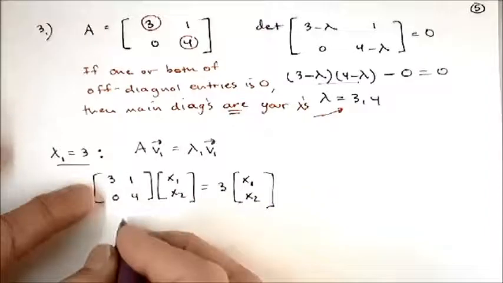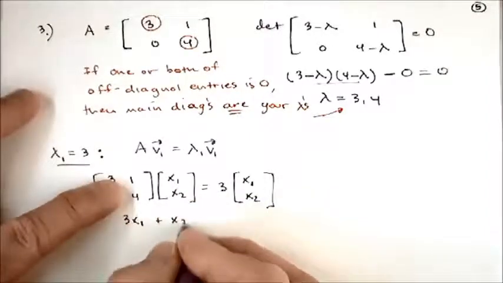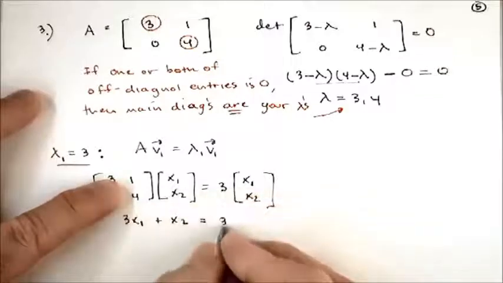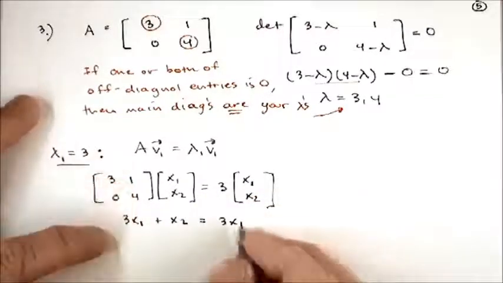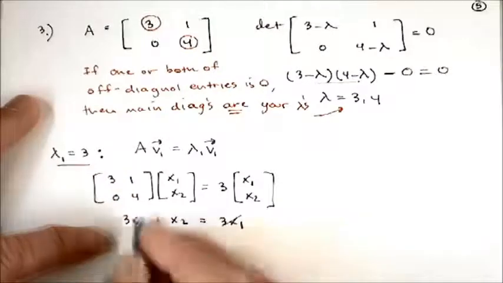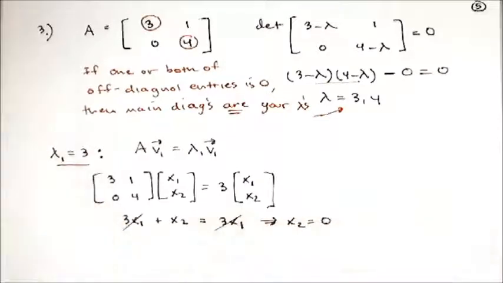If I write this out, I get 3x1 plus 1x2 has to equal 3x1. And if that's the case, these two cancel out, and what it tells me is x2 has to be 0. But notice here, it doesn't tell me anything about what x1 can be, right? It just tells me x2 needs to be 0.